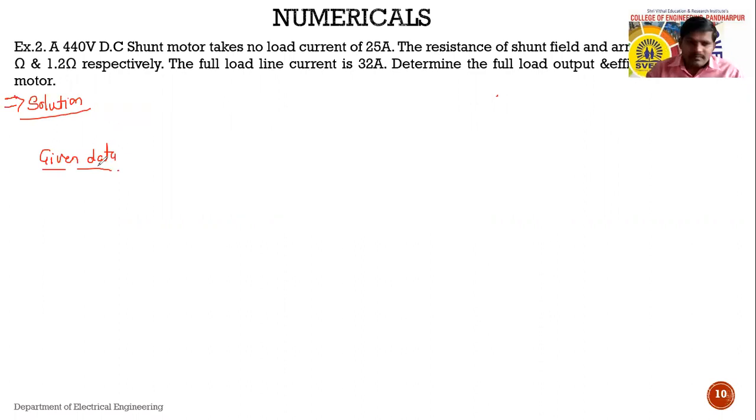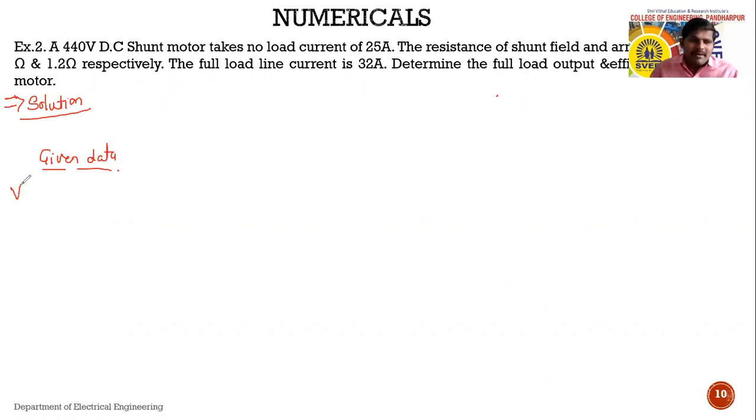Okay, see, again read the problem carefully, write down the given data, same procedure to solve.